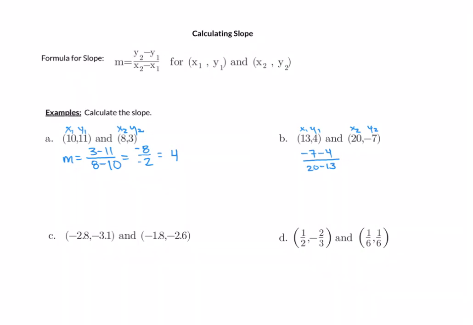If we simplify this, negative 7 and negative 4 combine to negative 11, and 20 minus 13 subtracts to 7. We cannot simplify the fraction, so we're just going to leave it as it is.